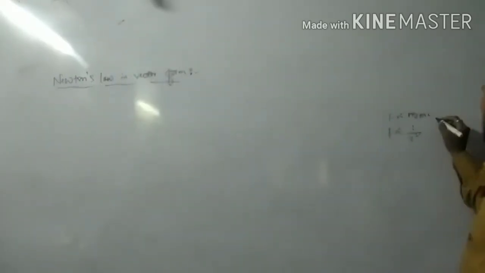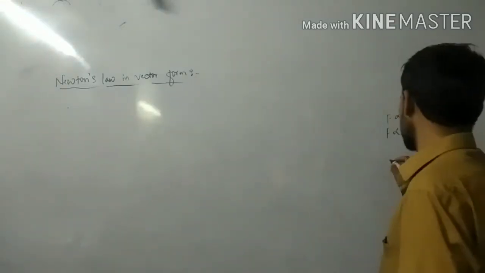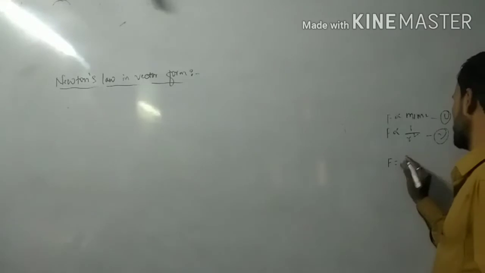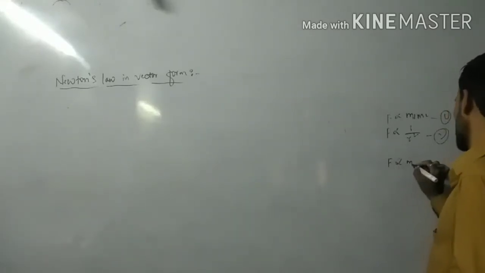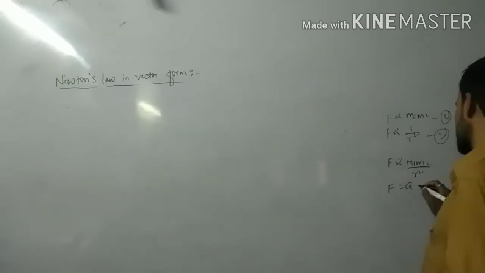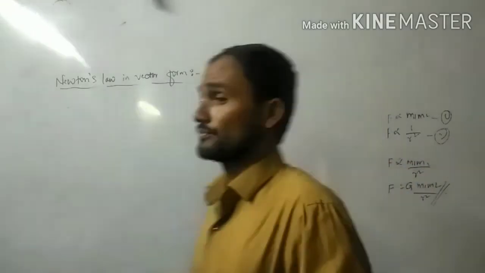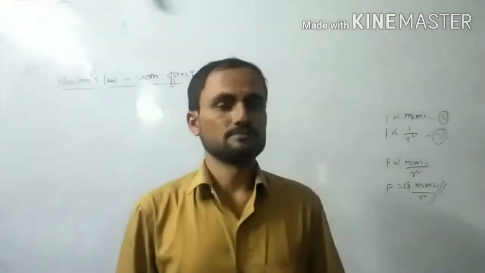These are equations 1 and 2. Combining them, F is proportional to m1 m2 divided by r square. Removing the proportionality, we take a constant capital G, so F equals G m1 m2 divided by r square. This is the expression for Newton's law of gravitation.